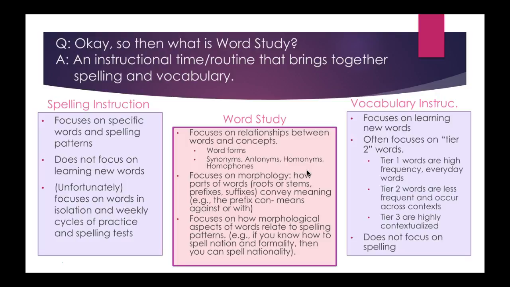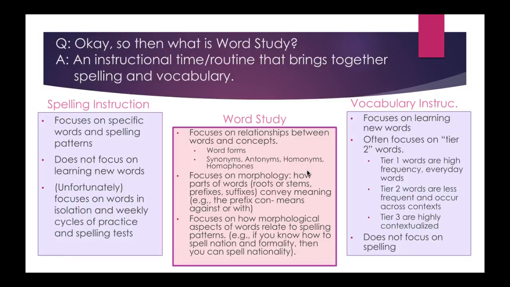So within words, if we want to focus on morphology, we're looking at relationships between different parts of one word, right? So we're looking at roots and stems, and then prefixes and suffixes.